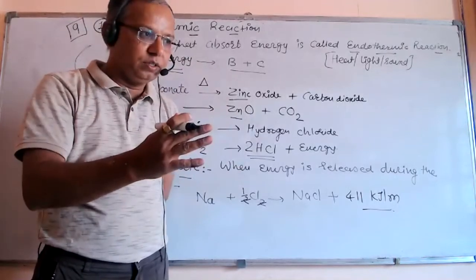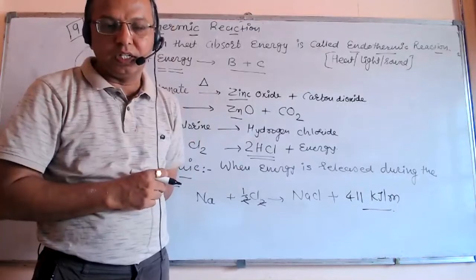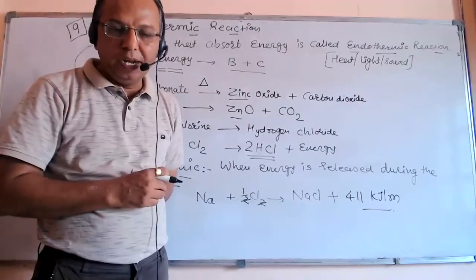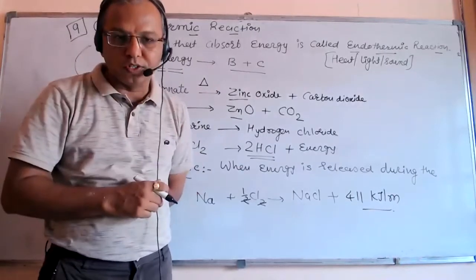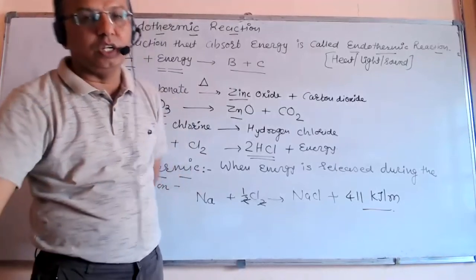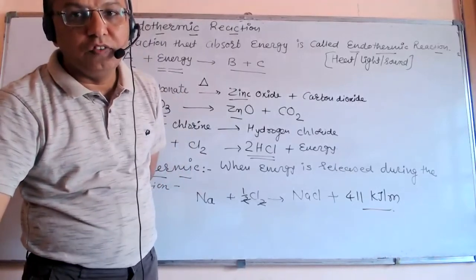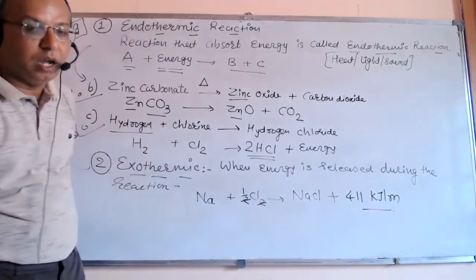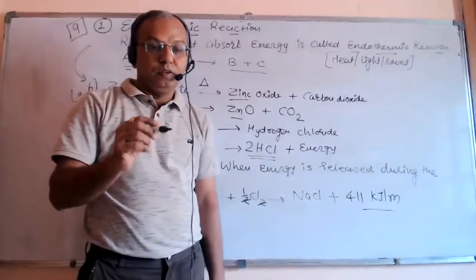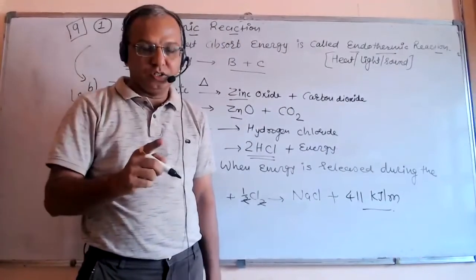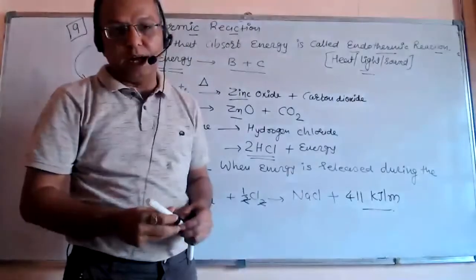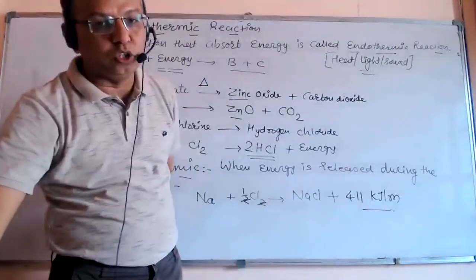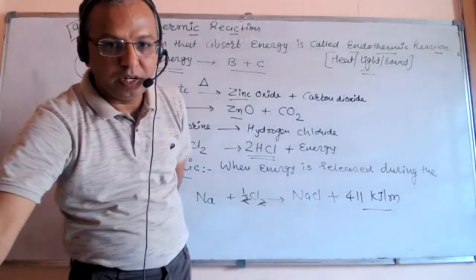Carbon dioxide and water, friends, are combined in presence of sunlight to form glucose. This reaction is in which energy is used. Which energy? Sunlight. So that is light energy used here, and that's why it is to be said endothermic reaction. Okay, friends, thank you.